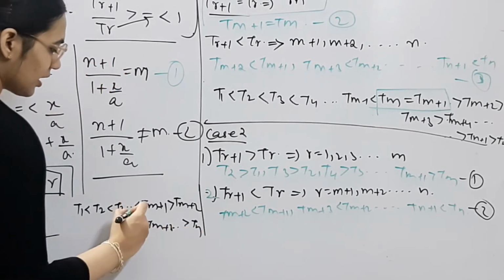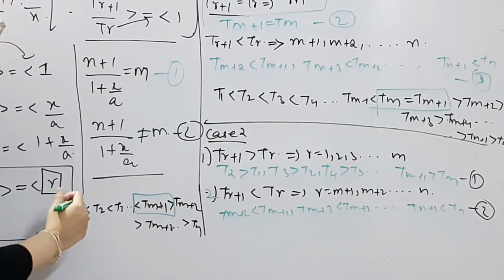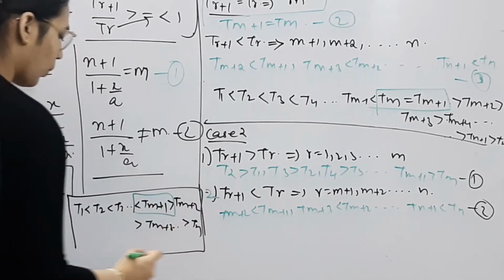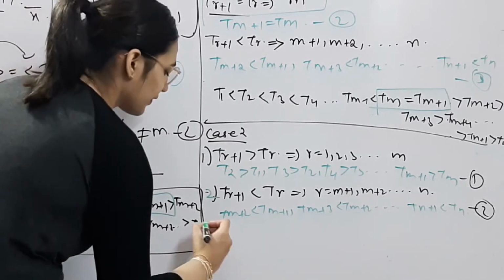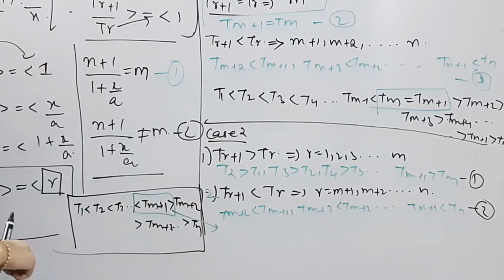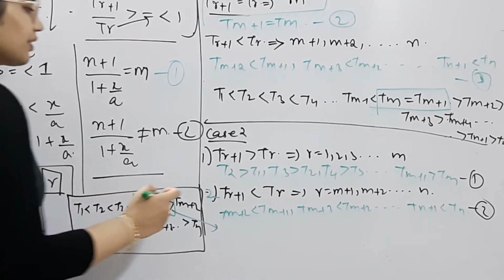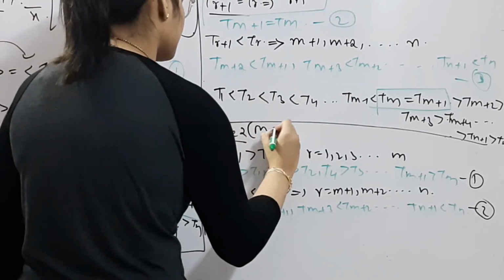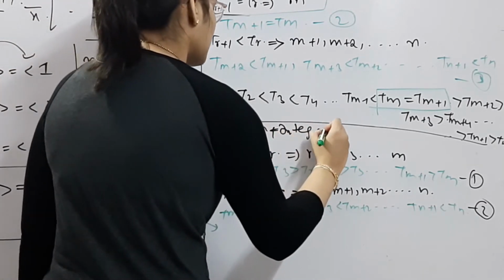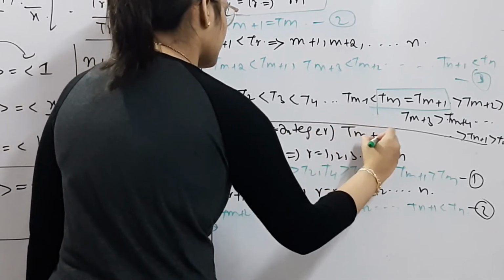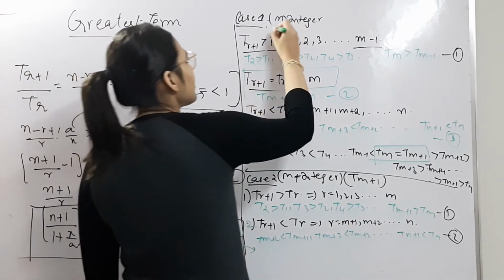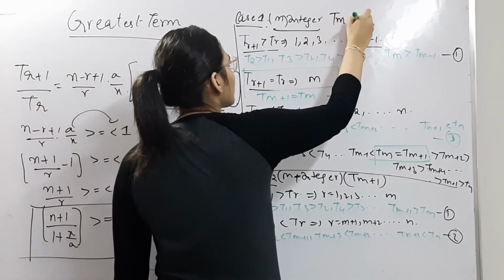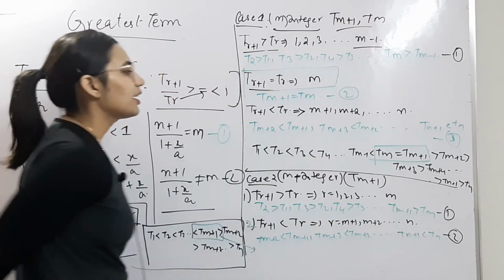So if you see here in this equation, we have only one term in the middle, and that term is the greatest term. Okay, so whenever we have a case where m is not an integer, we will get Tm plus 1 as the greatest term. Whenever we have m an integer, we get two terms, that is Tm plus 1 and Tm as the greatest term.